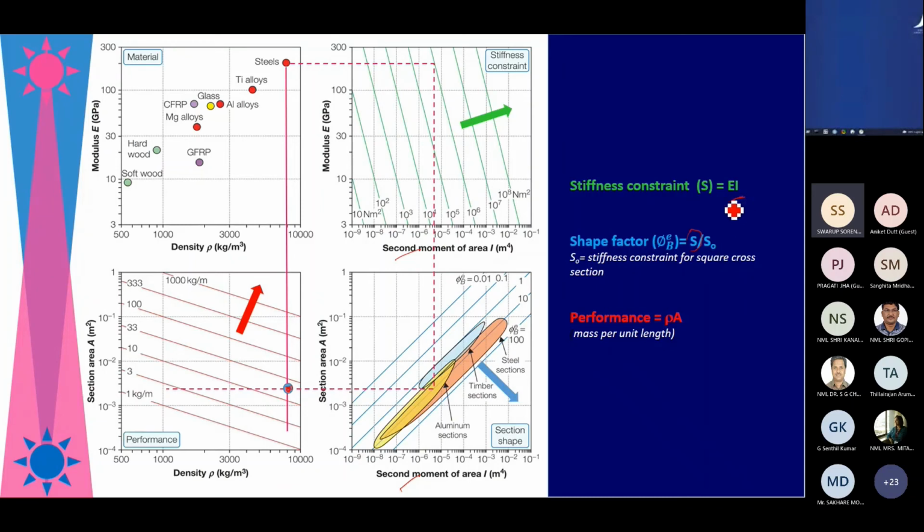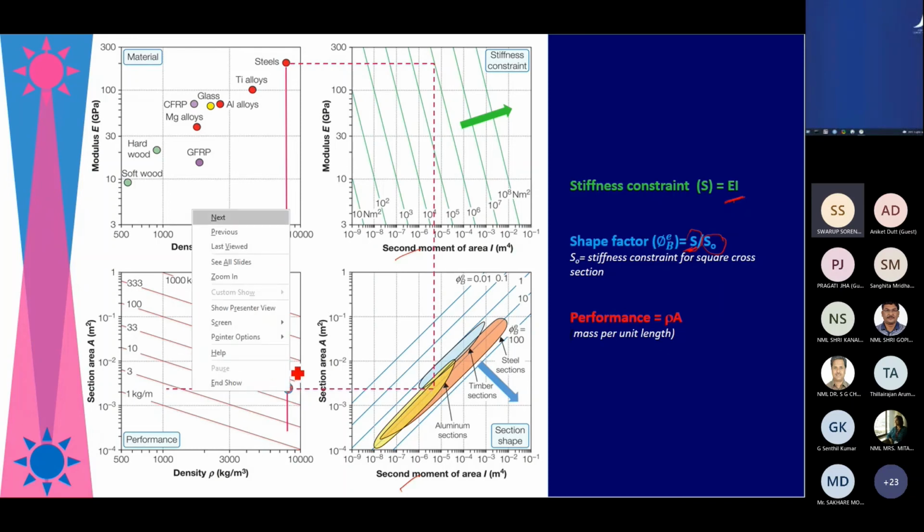EI is shape dependent, and this is shape dependent. S0 is for a square, and S is for a given shape, and then when we reach this value, that means this is specifically for a given shape. Okay, and then for that shape, we are going to have this value.